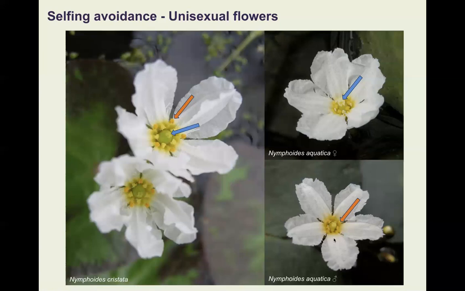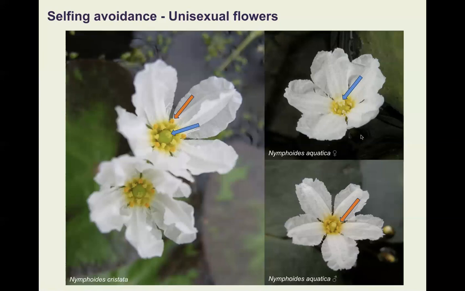The male counterpart, again, kind of looks like it has the female organ here, but it doesn't have a functioning stigma. So there's no chance of pollinating the ovules in there. I don't know if the ovules are fully developed even, but it is, of course, delivering pollen. So plants that want to make sure that they're not fertilizing themselves can devote their flowers to only receiving pollen or only delivering pollen.